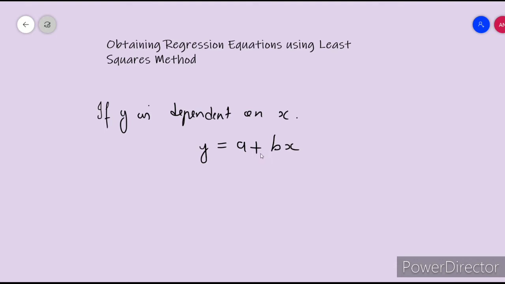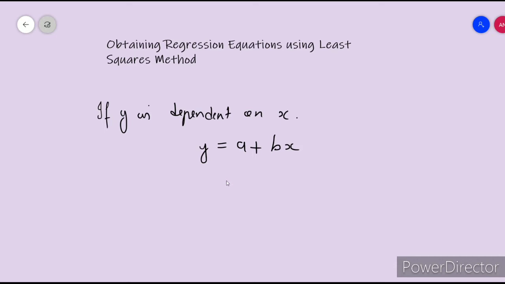So using the least squares principle, because the values of a and b will determine the shape of the line, the line should be drawn through the plotted points in such a way that the sum of the squares of the deviations, which are nothing but the difference between the actual y values and the expected y values, should be minimum.